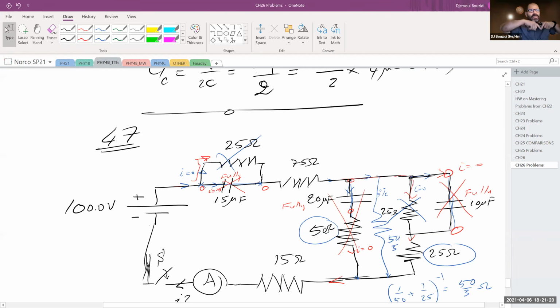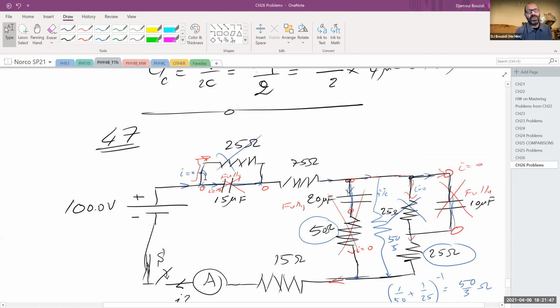It's like you run a wire through it so that basically no current will go through the other one. Okay, so it's short circuited in this case. Same thing in here. This junction in here is short. This section in here of this branch is short circuited, and this one actually is short circuited in here, as if this resistor doesn't exist. Now, when you wait a long time, they act like a switch that opens. So in this case, they don't let any current through them because they are fully charged.